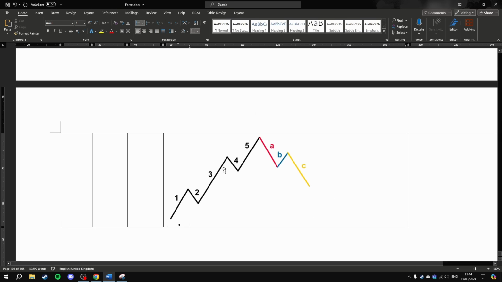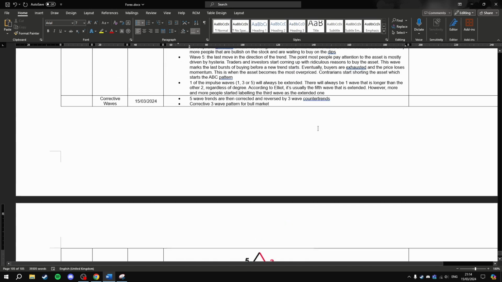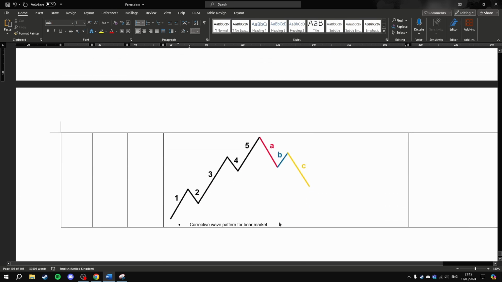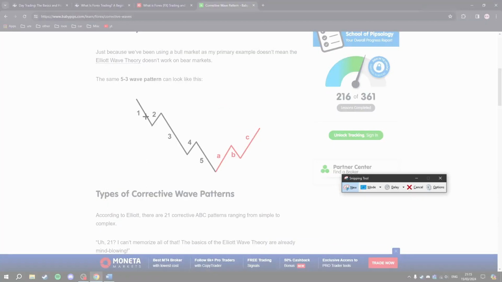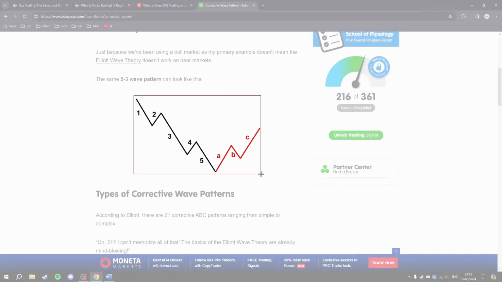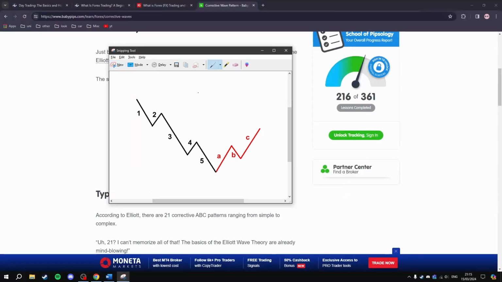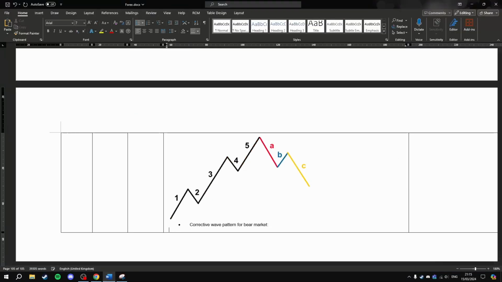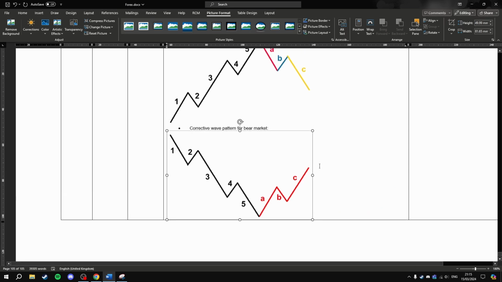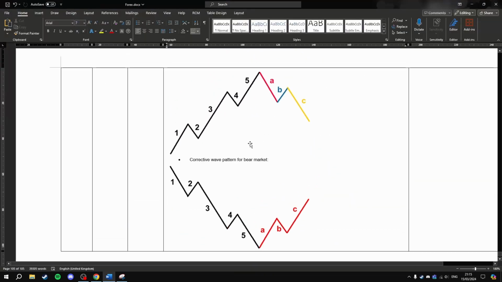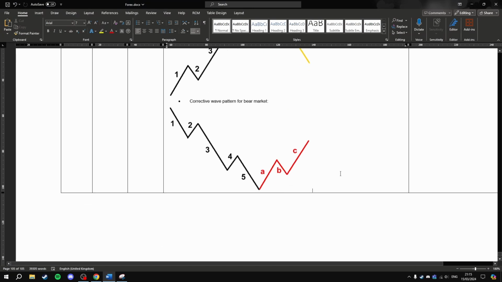Then the corrective wave pattern for a bear market looks like this. Also, kind of mirrors each other actually, doesn't it?